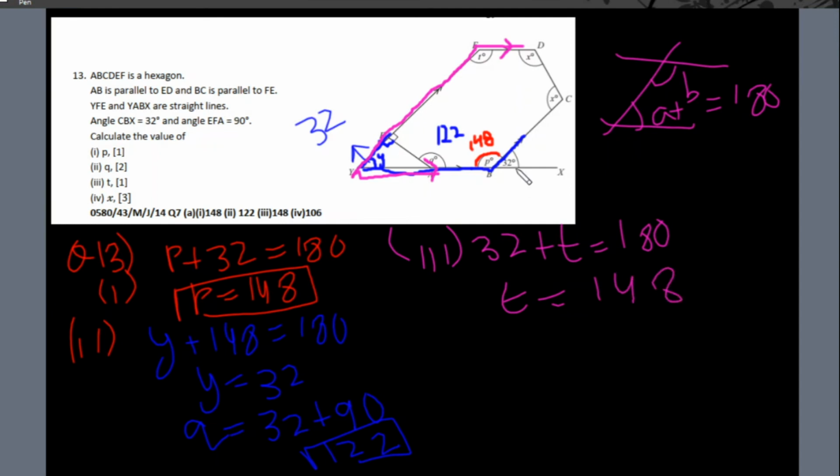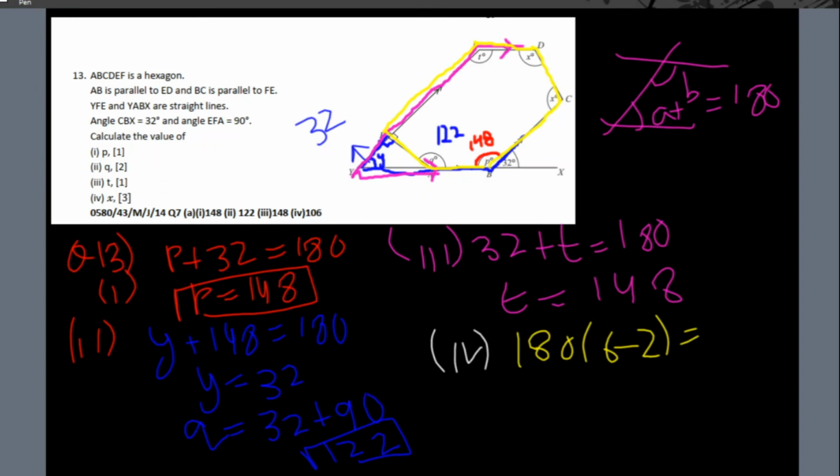Okay. Part 4, we have to find the value of x. So it's a hexagon, a six-sided figure, 1 2 3 4 5 6. For a hexagon we can find the sum of all these 6 angles by the formula 180 times (n minus 2). n for a hexagon is the number of sides, which is 6.